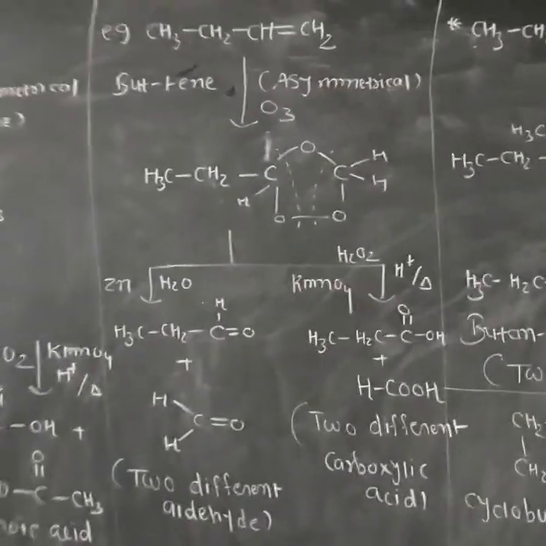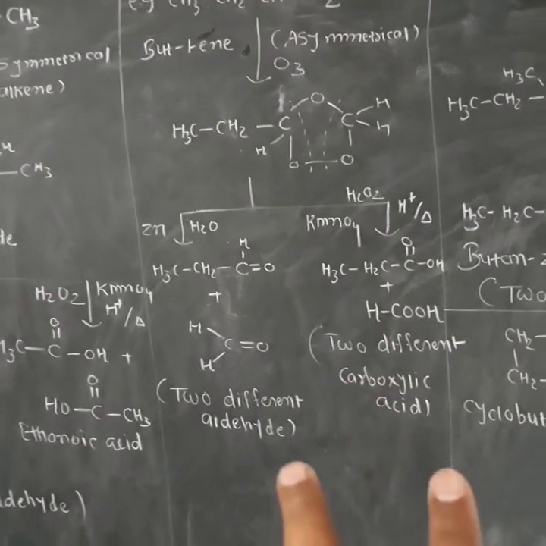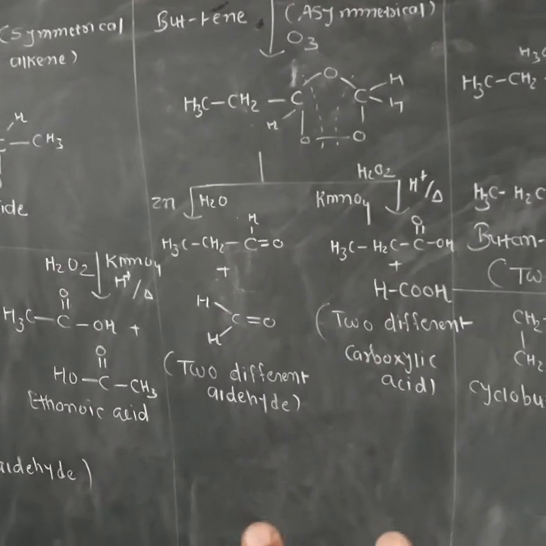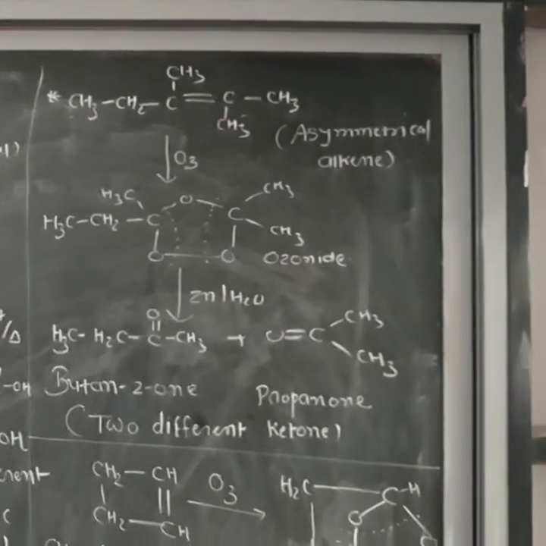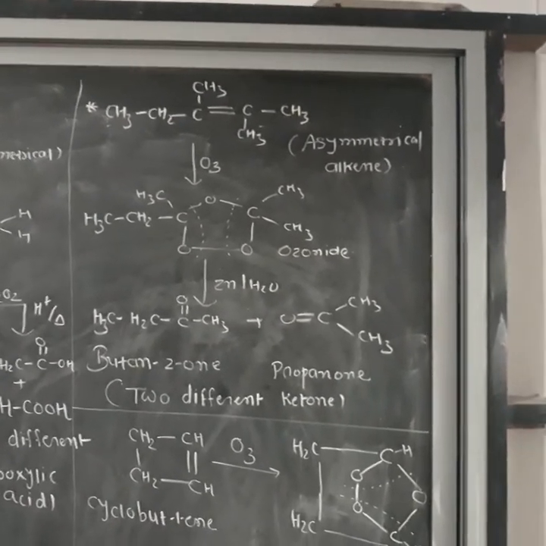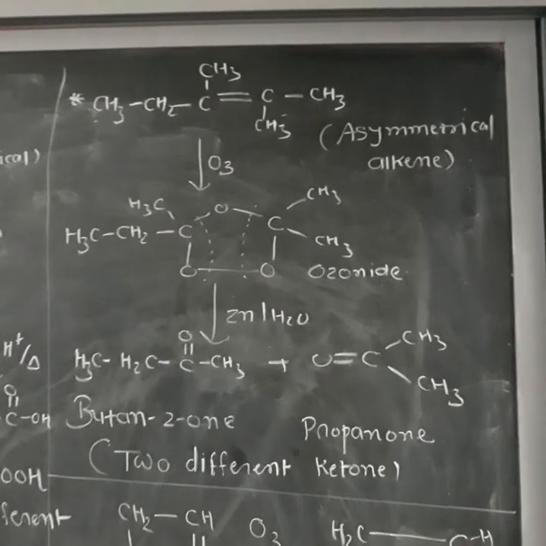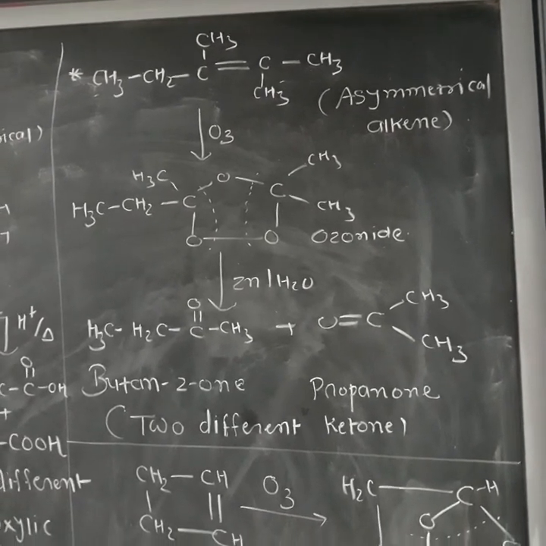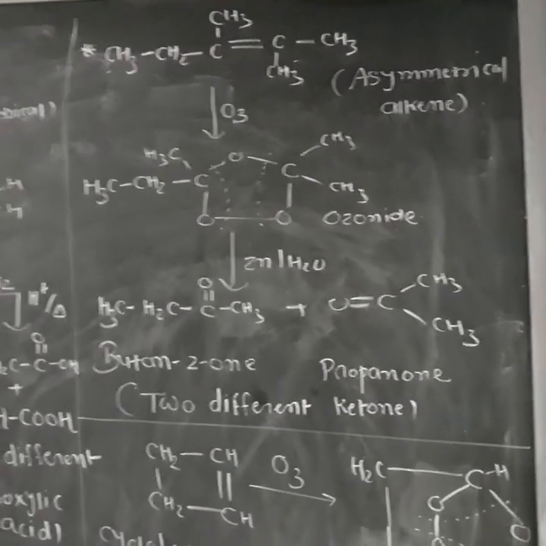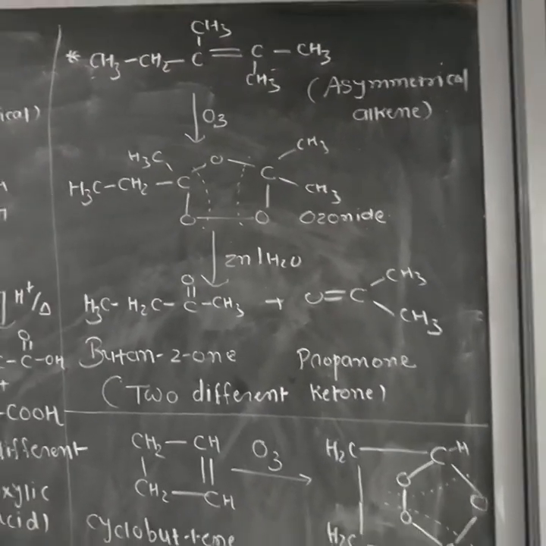Here again, asymmetrical alkene on ozonolysis gives two different products. Let us consider one more example of an asymmetrical alkene. Here this asymmetrical alkene on ozonolysis gives butanone and propanone as products. Here two different ketones are observed as products. Here again only one pi bond is present.